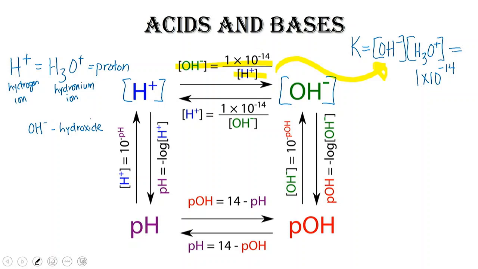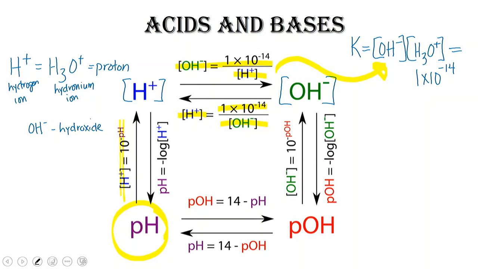If we would like to go in reverse and we're given the hydroxide ion and we want to know what the hydrogen ion concentration is, we will use this equation here. If we are given the pH of a solution, we can calculate the hydrogen ion concentration using this equation, where it's equal to 10 to the minus pH.